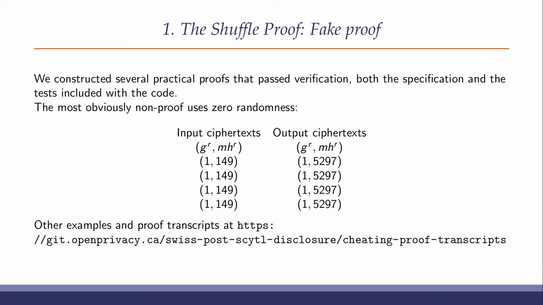This is a simple little explanation of a shuffle proof that we generated and proved correct, and you can see it's obviously not correct.